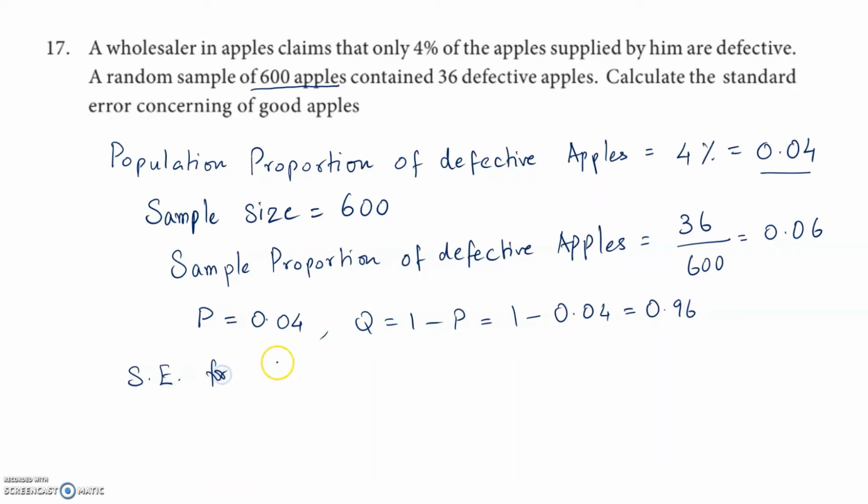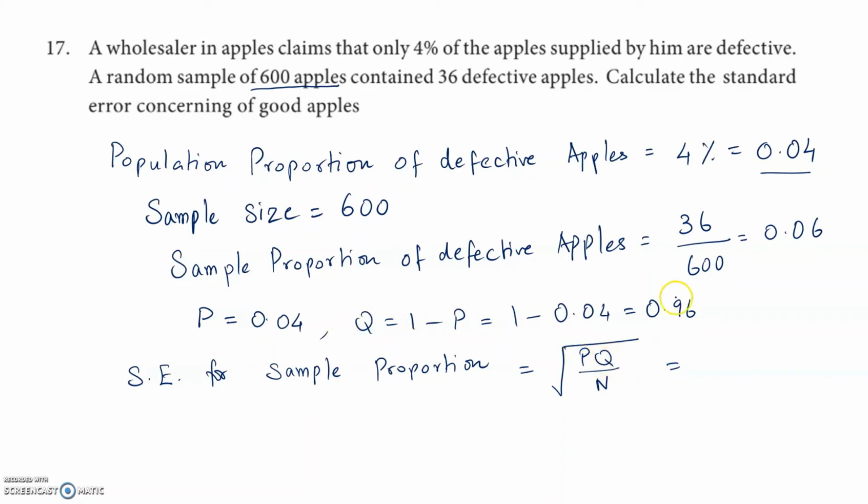Now the standard error for sample proportion is equal to, we know the formula, square root of capital P capital Q divided by n, the sample size. So P and Q represent the population proportions.